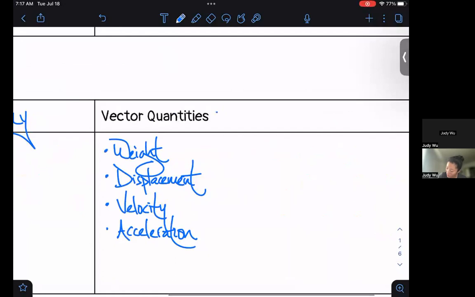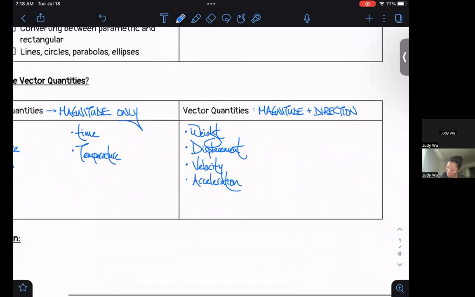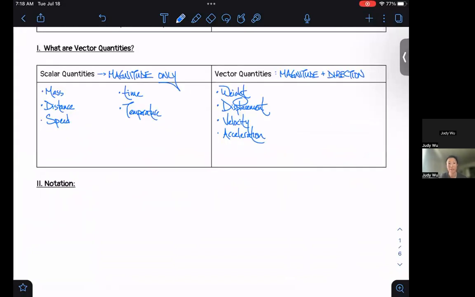However, vector quantities have a magnitude and a direction. One of them has magnitude only, the other has magnitude and direction, and that's really the main difference that I want us to know here.